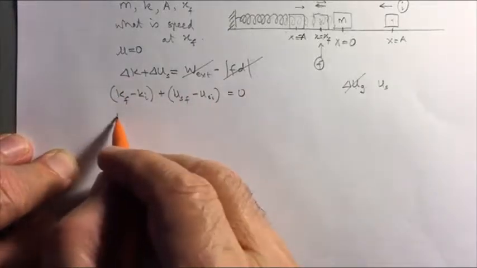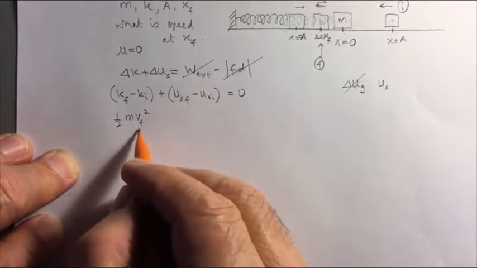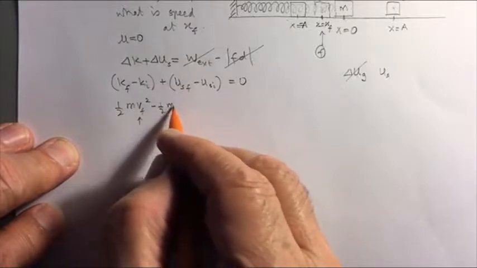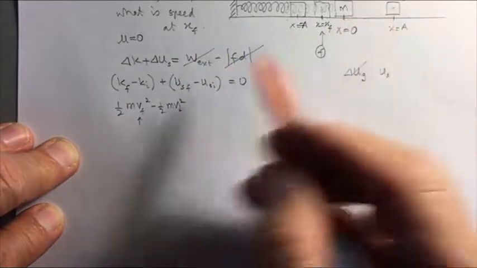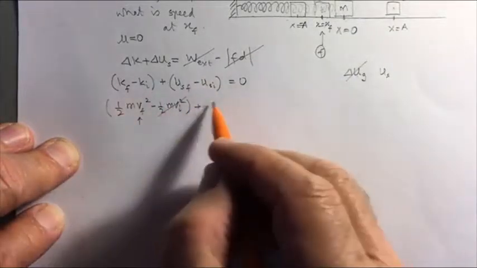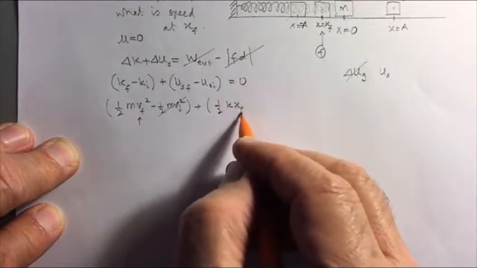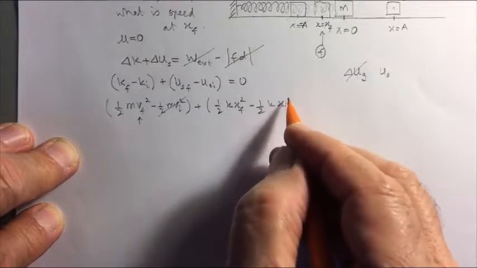So K final is going to be half m v final squared, which is what we're looking for, minus half m v initial squared, which if we release it from here would be 0, plus the spring final, half k x final squared, minus half k x initial squared.